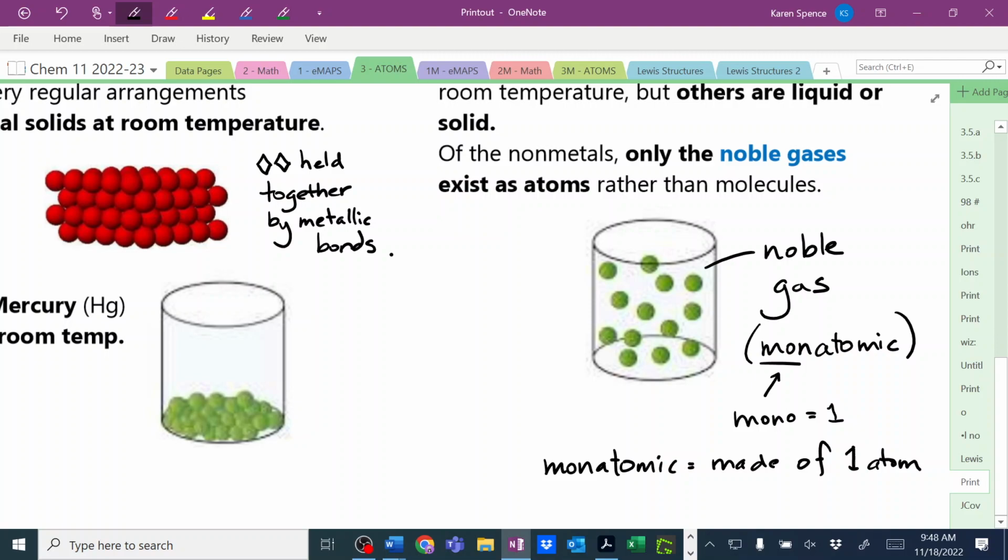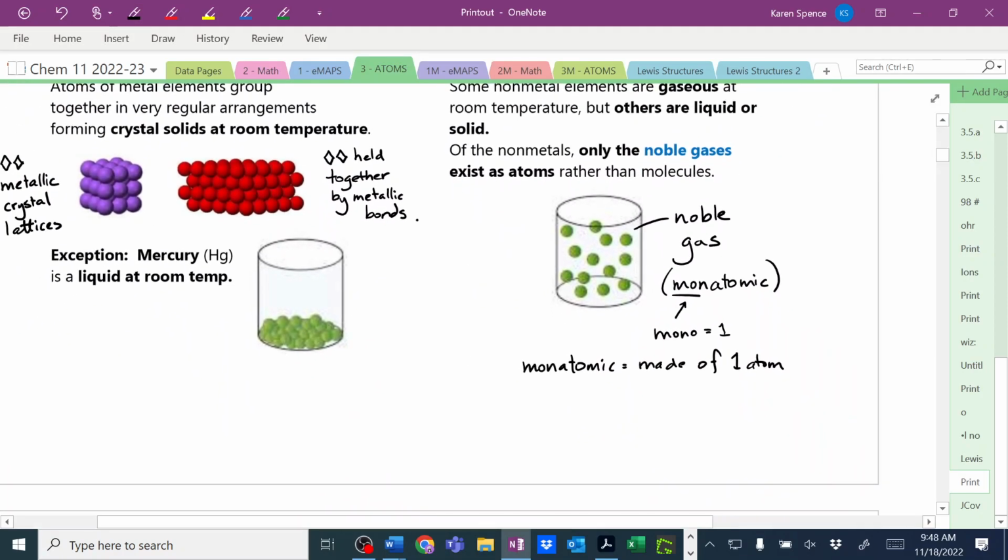Can you remember the diatomic elements? See if you can remember for yourself. Who are the diatomic elements? Feel free to use your periodic table.